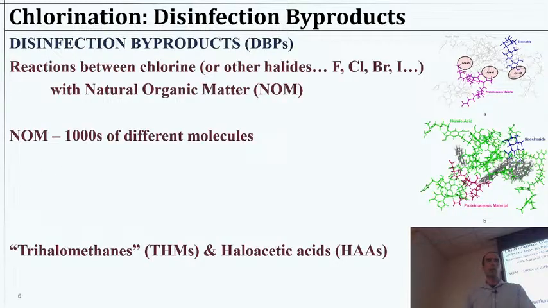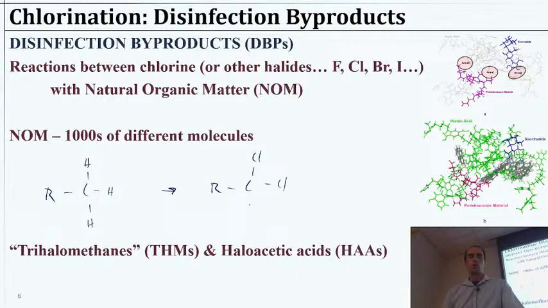So we already talked about the ammonia-based halogenations, but we could also have something like a methyl group, right? Normally this would be some molecule with a methyl group at the end. Well, with a bunch of chlorine, we could end up with something like this. This would be a trichloromethyl group.